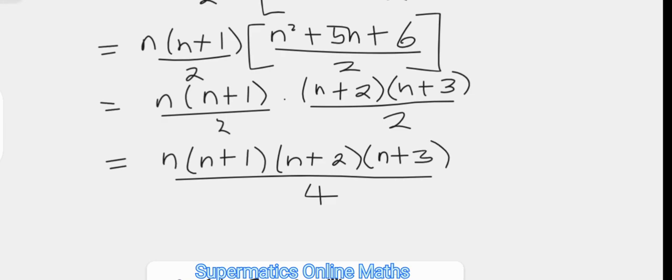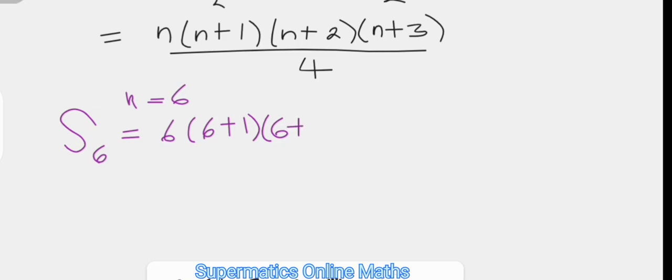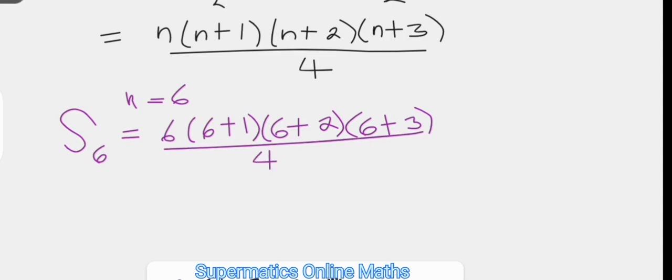And this can be used to find the sum of any terms. For instance, let us use it to find the sum of the first 6 terms of the series. The sum of the first 6 terms means when n is 6. Therefore, x6 is going to be 6 times (6 plus 1) times (6 plus 2) times (6 plus 3) over 4.